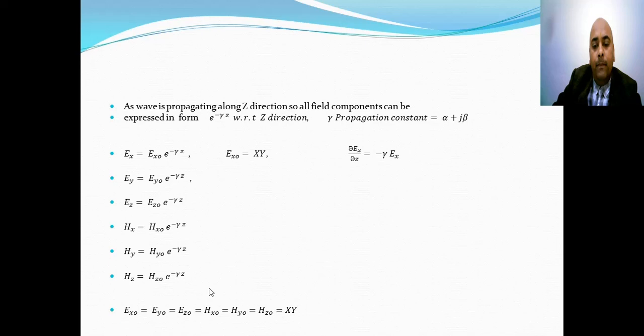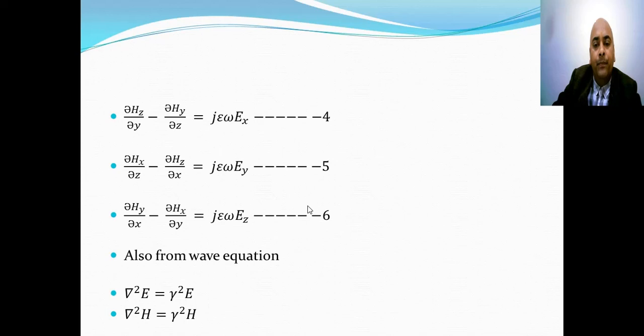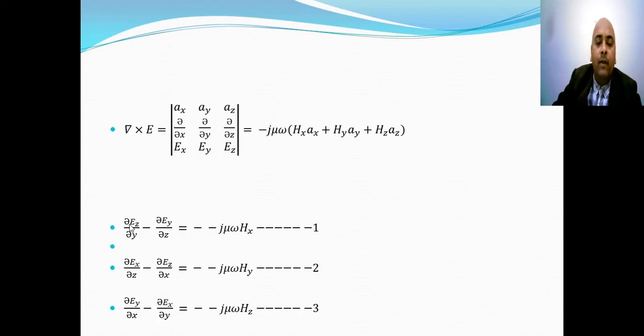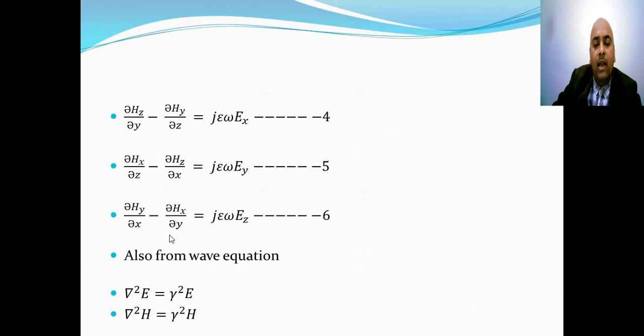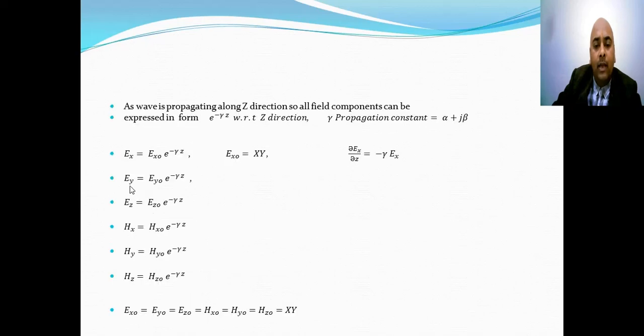So by putting the values of fields with respect to z direction, for example, in equation number 1 we have curly Ez upon curly y minus curly Ey upon curly z. Now curly Ey upon curly z will come out to be minus gamma into Ey.